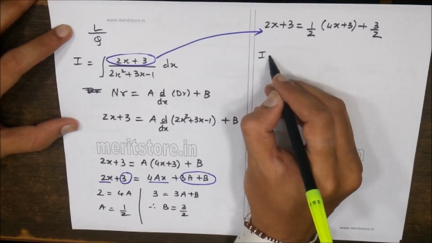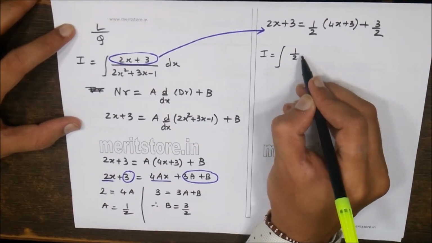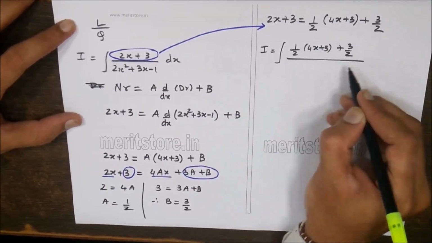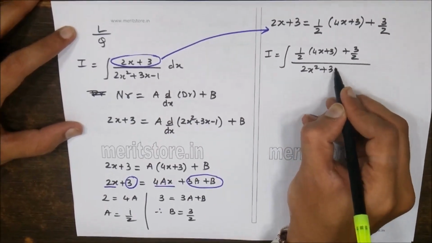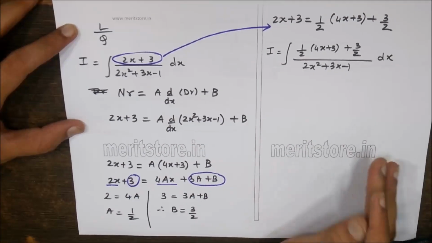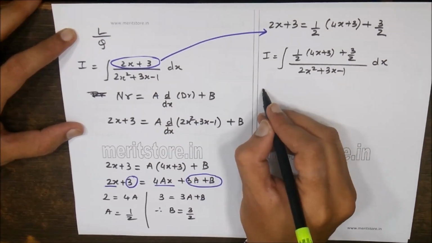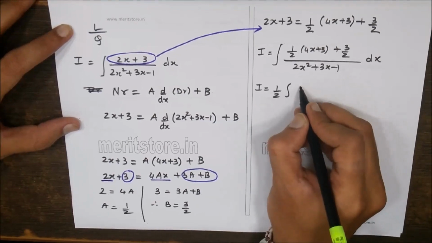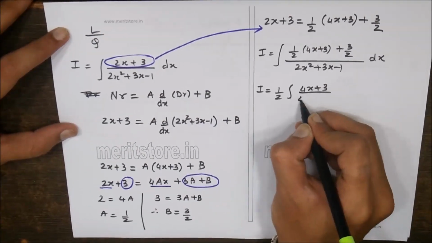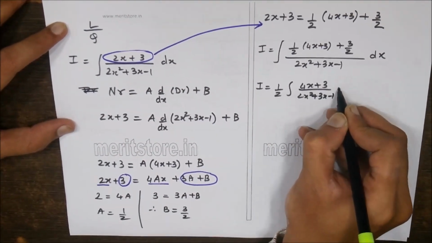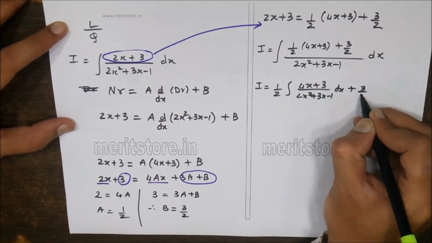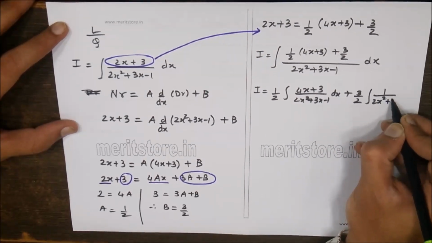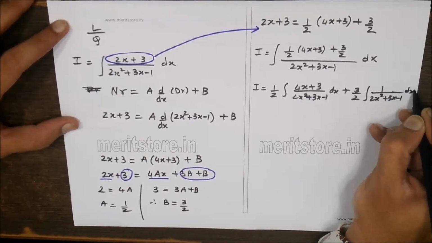My integral will now convert to half of 4x plus 3 plus 3 by 2 upon 2x square plus 3x minus 1 dx. Splitting both the terms, my integral will be split as integral of 4x plus 3 upon 2x square plus 3x minus 1 plus 3 by 2 integral of 1 upon 2x square plus 3x minus 1 dx.